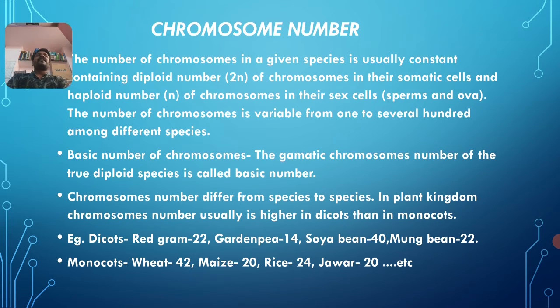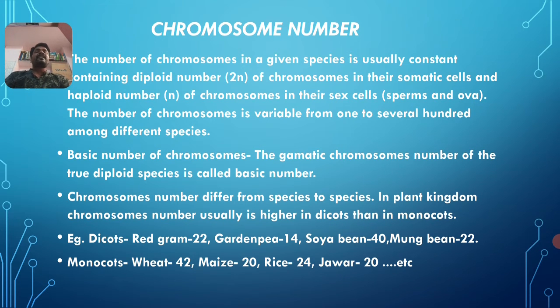Means the reproductive cells consist of a haploid number of chromosomes, but the somatic cells consist of the diploid number of chromosomes. The haploid number of chromosomes is represented as a small n. The diploid number of chromosomes present in the cells is represented as 2n.